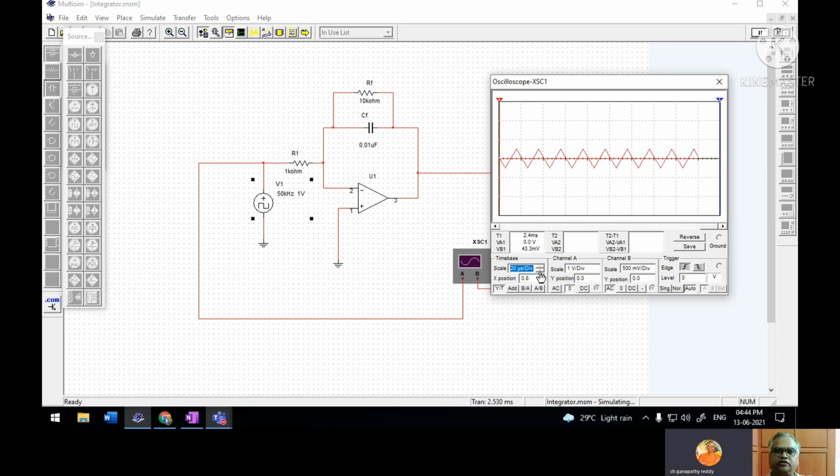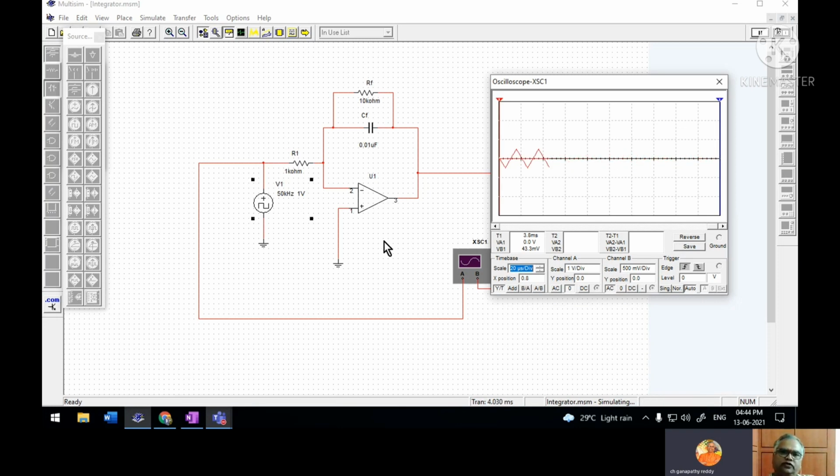That's why the output is a small voltage, but it is approaching a perfect triangular waveform. You can do all such things. You can learn many things just by varying and seeing what is happening.